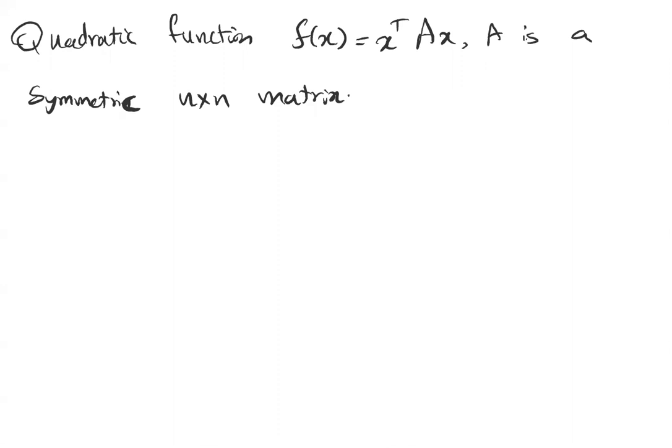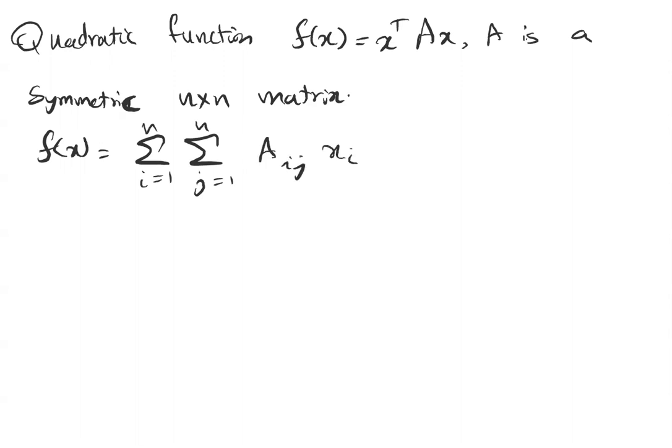All right, if we want to expand f, f of x is going to be the sum over i from 1 to n, the sum over j from 1 to n, of a i j, x i, x j. So this is the expanded form of this function.